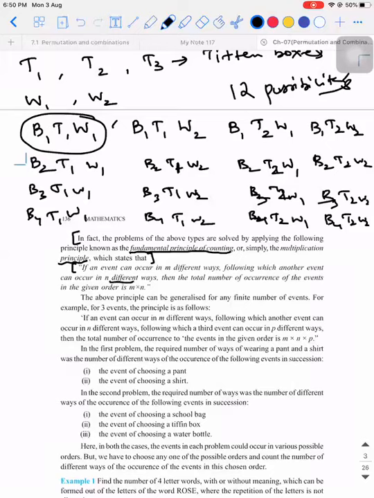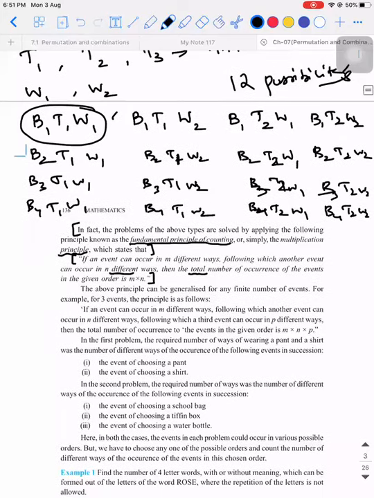Then the total number of occurrences of the events, see, just because we see the word total, we think we should add. You're not supposed to add, rather you're supposed to multiply. Then the total number of occurrences of the events in the order is given by m into n. Are you able to understand this point? So this is what is called the fundamental principle of counting.